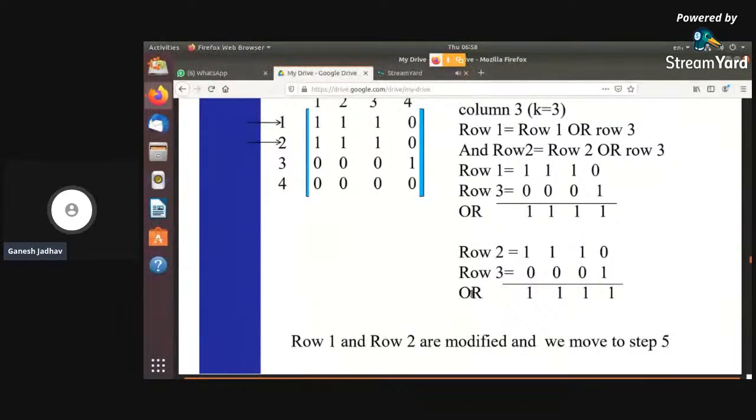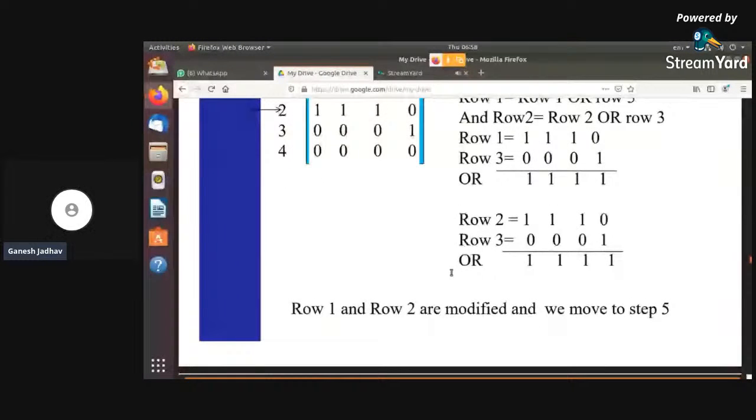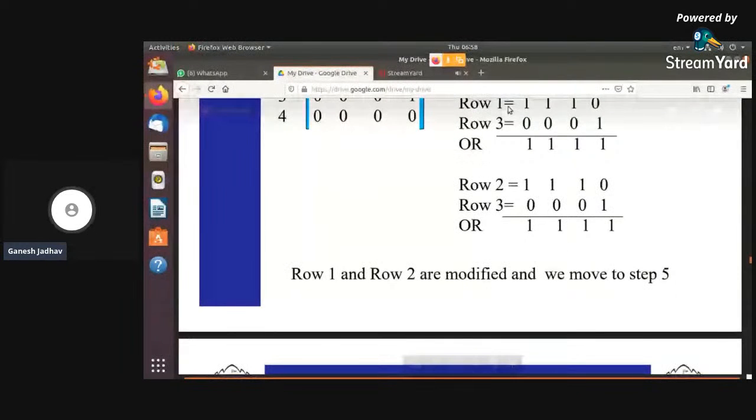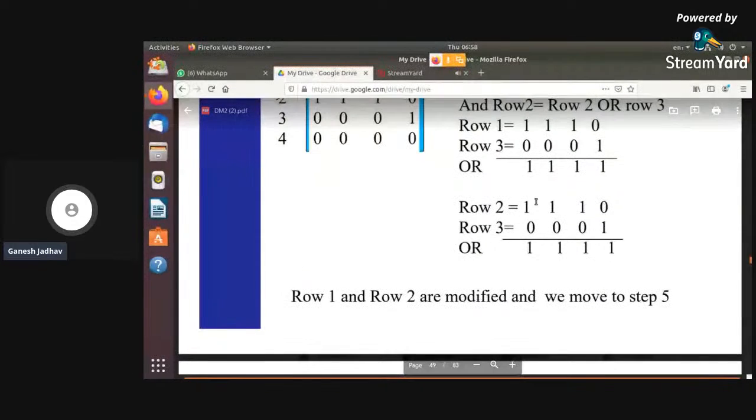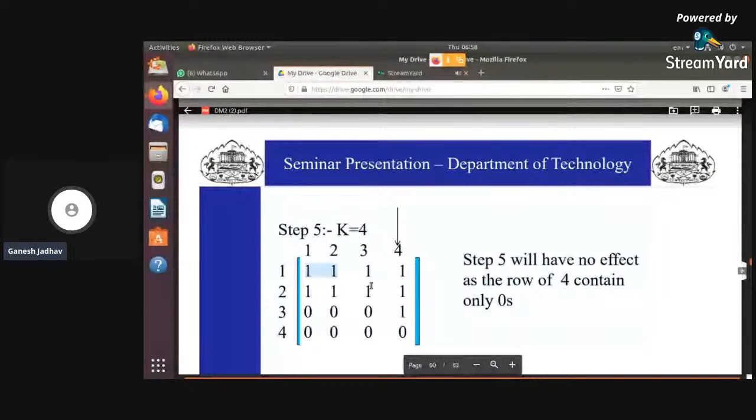This is the ORing operation between row 2 and row 3. 1 or 0 is 1, 1 or 0 is 1, 1 or 0 is 1, and 0 or 1 is also 1. Then in the next step you write these two modified rows in the matrix, your row 1 and row 2, and the 3rd and 4th rows as per your above matrix.